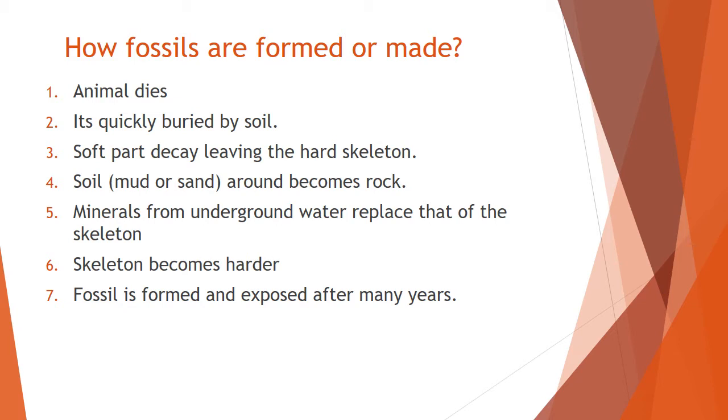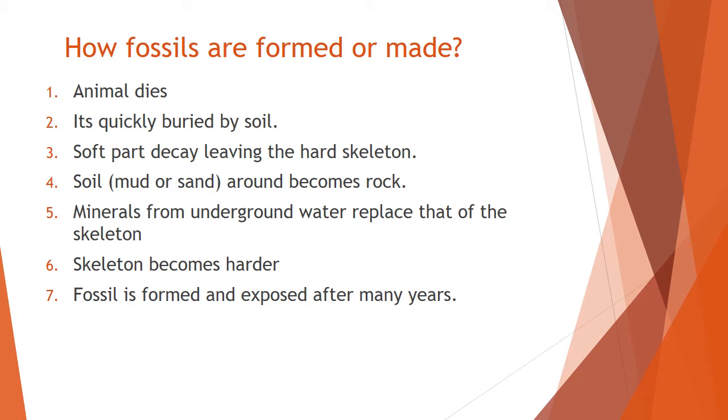When they become very hard, it means they wouldn't get spoiled in no time, it's going to last for years. That's how some of these fossils, like the dinosaurs, according to scientists, are millions of years old. So it takes a very long time for these things to be formed.